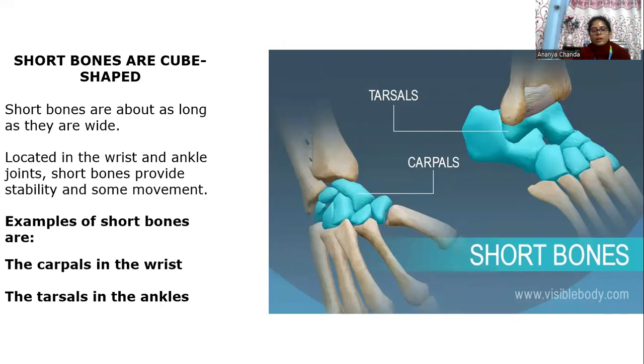They are located in the wrist portion, that is the hand, and in the ankle portion of the feet. Short bones provide stability and some type of movement. Examples of short bones are the carpals in the wrist and the tarsals in the feet.